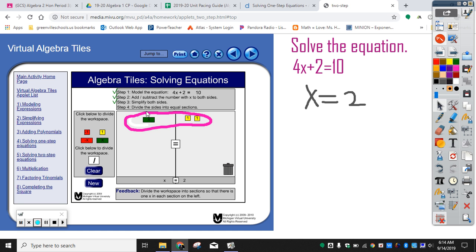Once I have one x on the left and two positive ones on the right, I'm back to an equal sign. So this is what solving equations looks like with algebra tiles.